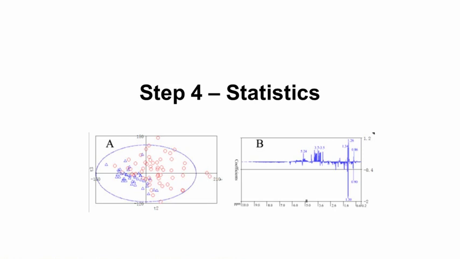In this case, we're trying to use multivariate statistics to see where those peaks are most significantly varying. What's shown on one side is a principal component analysis, and what's shown in part B is the information plotted in a regenerated NMR spectrum, showing positively changed features pointing up, and the negatively changed or negatively correlated features pointing down.